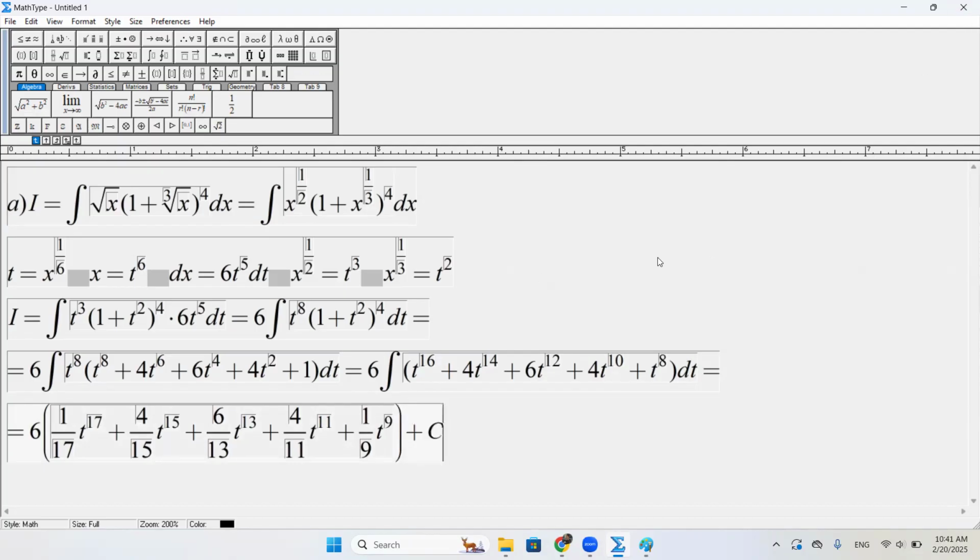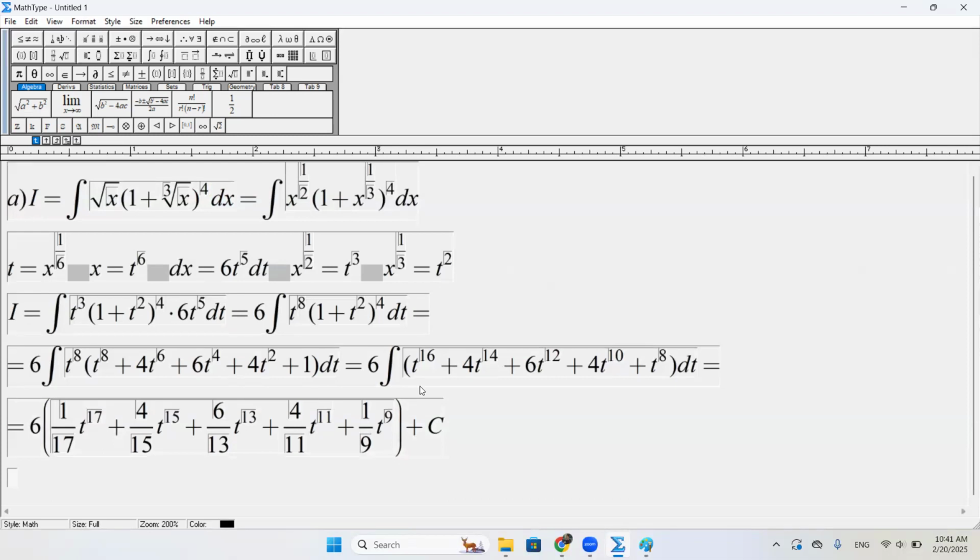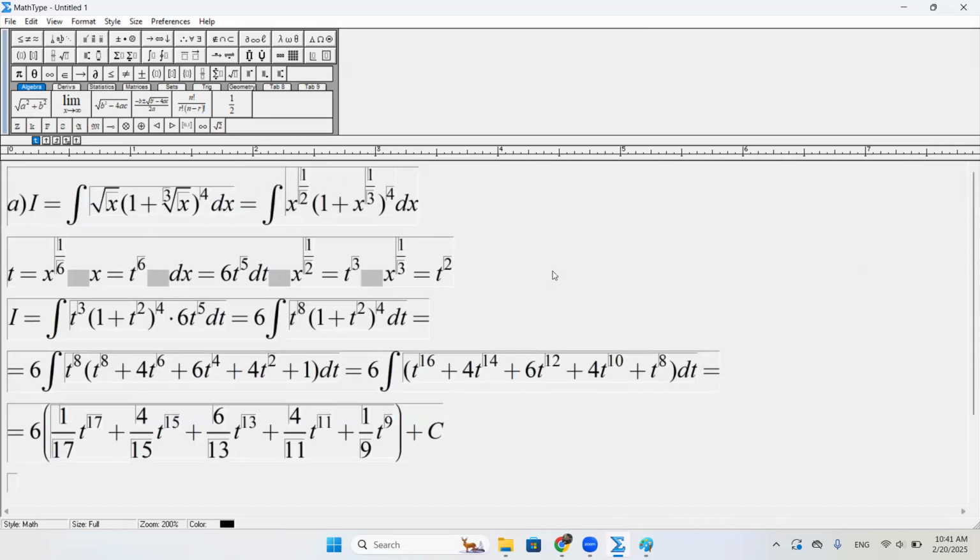But so we found the integral, but it was required to find the integral from a function that depends on x. So this is not the final answer. So what to do? We need to return to the previous variable, to the variable x. I see that it is not so convenient because of such fractions.